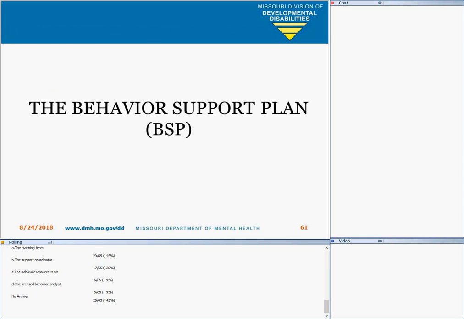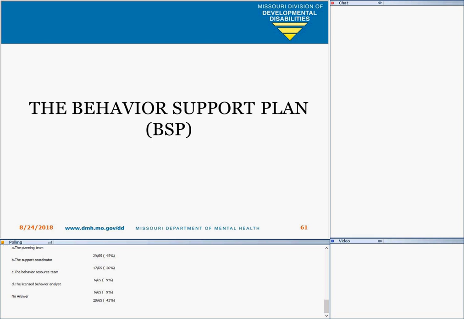Okay, so now about the behavior support plan. We'll go through a few of the things that we identified as best practice for behavior support plans. If you're not a behavioral service provider, this is in the way of education so that you can be aware as an informed consumer, because everyone who's involved in that behavior support plan implementation process is a consumer of that plan.